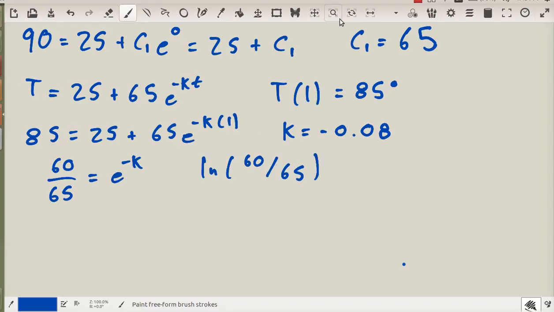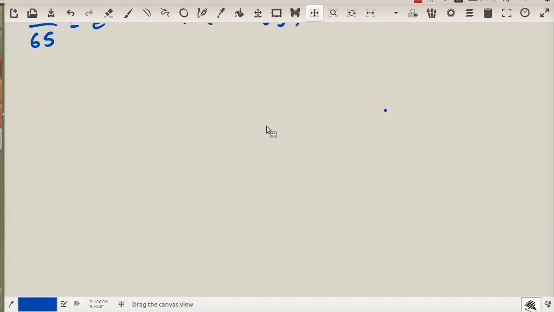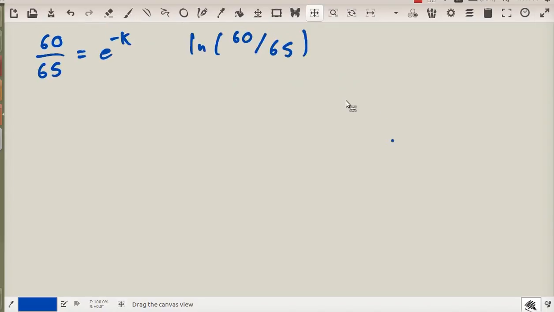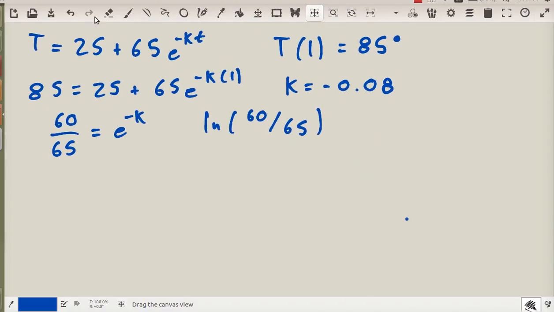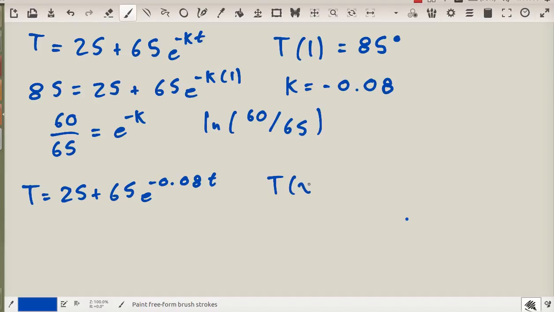So now that we have our k value, we're able to solve for when the coffee is cold enough to drink. Let's rewrite our original equation. So we have T is equal to 25 plus 65 e to the negative 0.08, excuse me, t. We also know that we're trying to find T at some x is equal to 30 degrees.